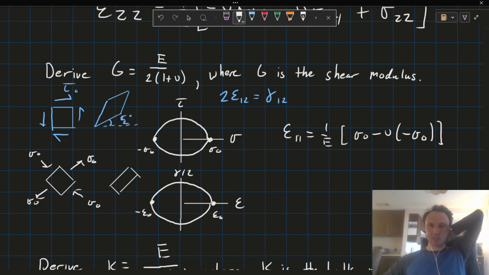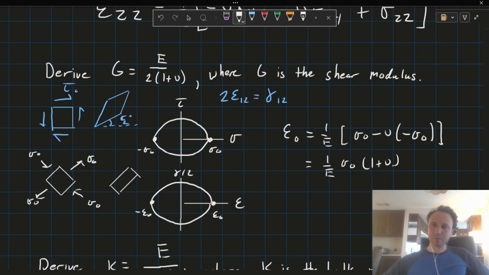And so when we work this out, I'll just go ahead and replace this with an epsilon naught. It's going to end up being 1 over E times sigma naught times 1 plus nu. And that's all epsilon naught.